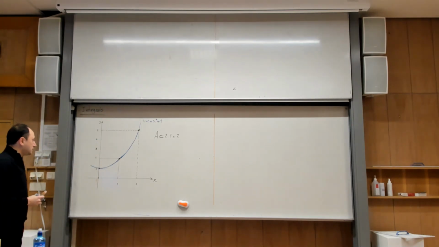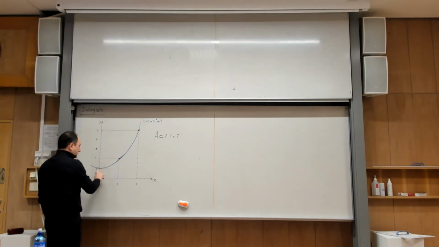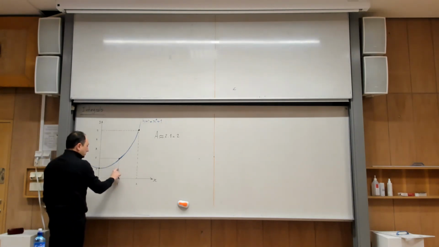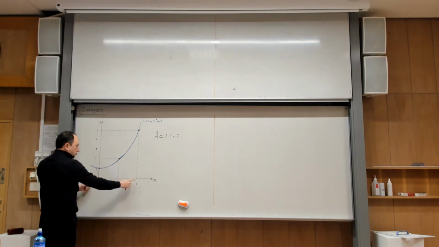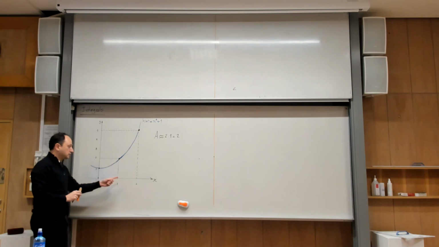But the point is that now, instead of considering only one rectangle, let me consider 2 rectangles. So it means that from 0 to 2, I divide my interval into 2 equal pieces and do this process that I described here for one interval for each one of these subintervals.